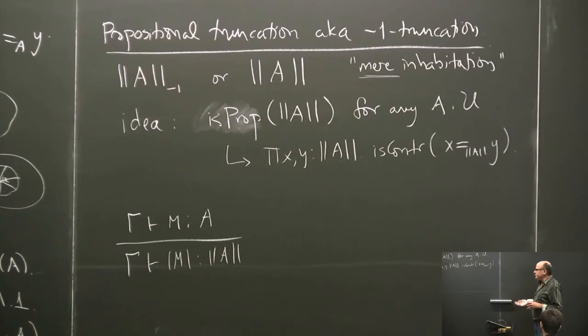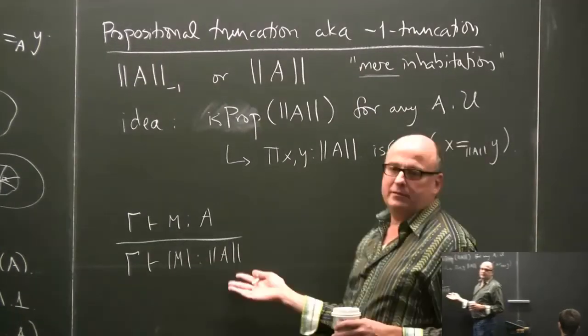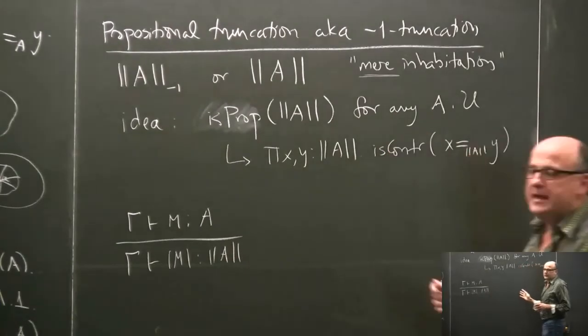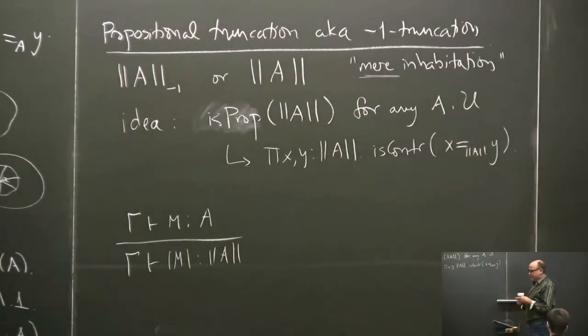I like to think in a CS way: I want to prevent clients from depending on what the witness was. That's what the mere part is going to be. If you want to express something weaker like mere existence, you can't reason from the fact that it exists and care what it is. You have to somehow be oblivious to what it is, and we have a way of doing that.